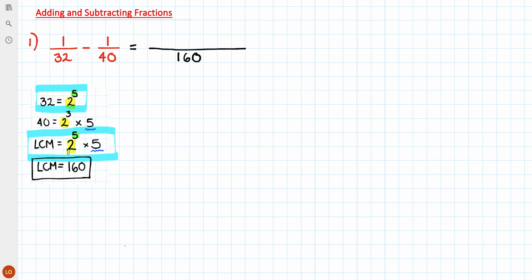So hopefully you can say, 2 to the power of 5, 2 to the power of 5. What is it missing? It's missing only the 5, which means that the only thing that I have to do to the 32 so that it becomes 160 is times it by 5. So I do that on the top and on the bottom. So this one is going to become 5.